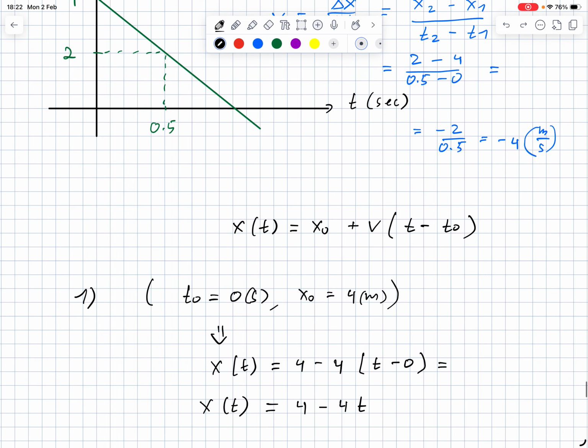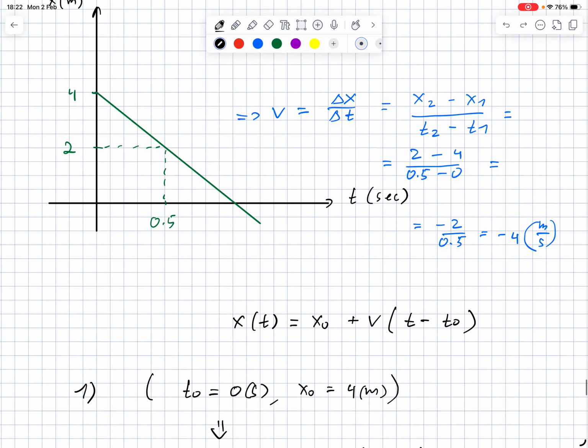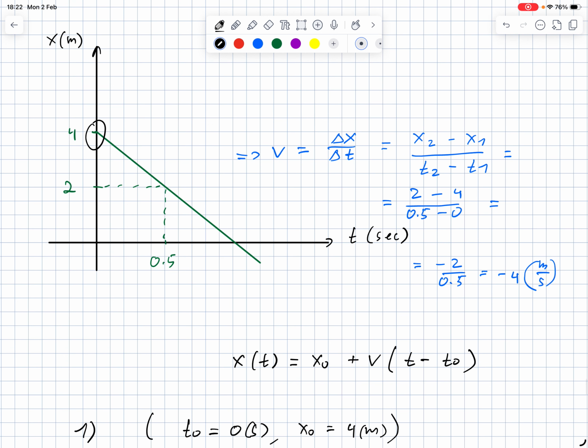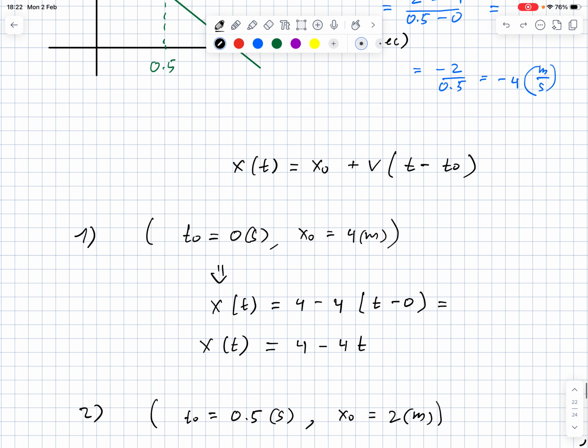Let's look at the first choice, which is this coordinate, 0 seconds, 4 meters. We will substitute these parameters with these values.